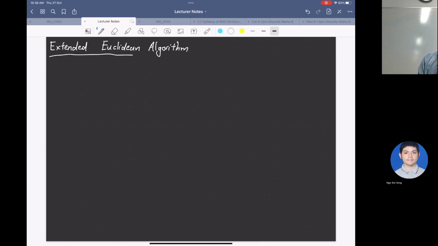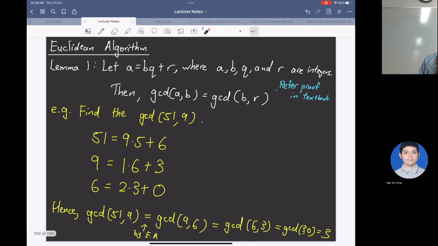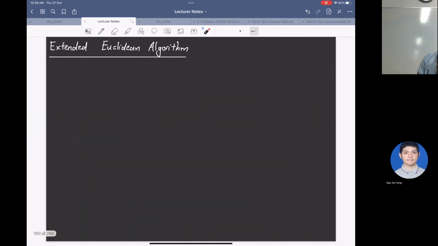After you found the GCD, actually, the GCD can be expressed back using A and B. So you can use A and B to find your GCD as well. So let me state the theorem.